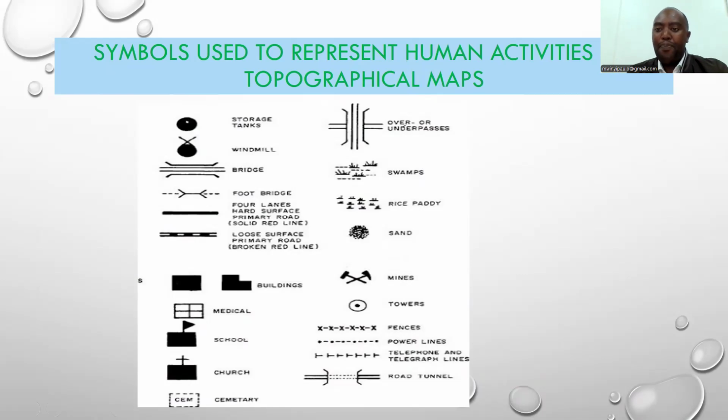So take your time because I know you have time. Look at these symbols, and for each of these symbols, ask yourself what it represents, which human activity it's representing on the topographical map. You can as well discuss with your friend or even your parent or guardian, or you can also ask your teacher. And if you hit a rock, kindly reach out to me and I'll guide you accordingly.